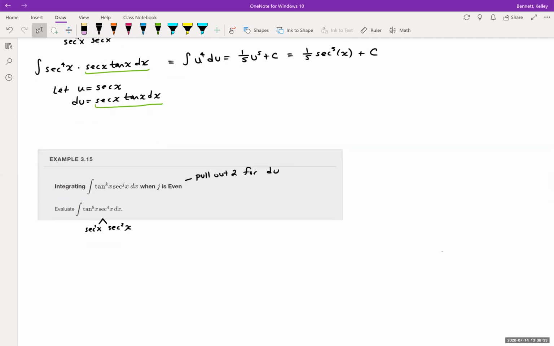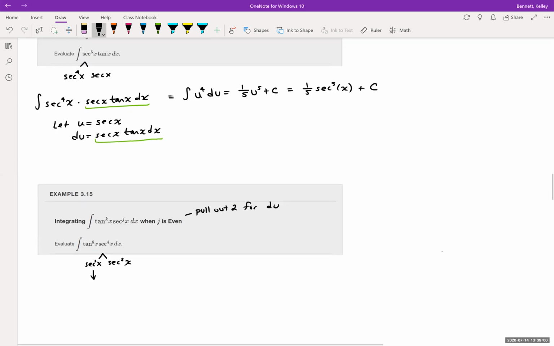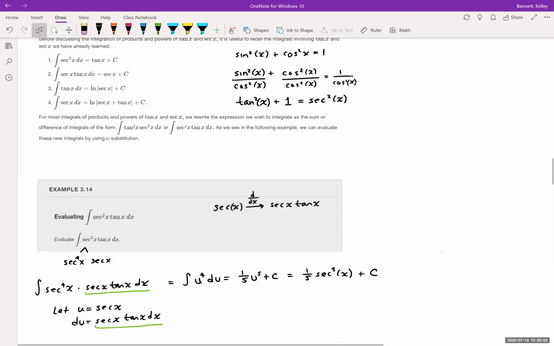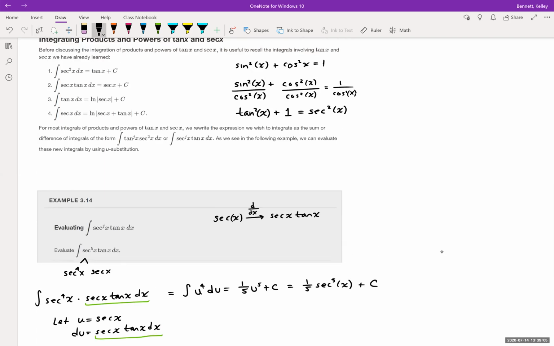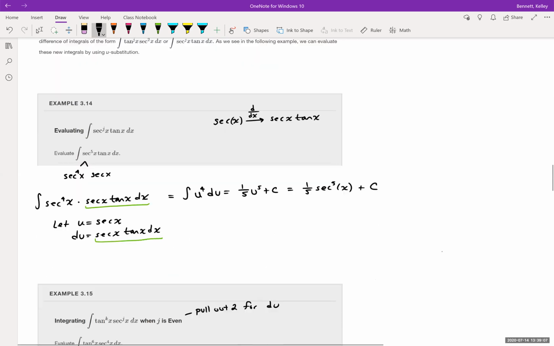So if you have an even power of secant and you pull out 2 secants, what you're left over, you still have an even power of secant. And we know that we can convert even powers of secant into terms of tangent. So secant squared, this guy on the right, we pulled him out for the du bit. What's left over, if we come back to our original guy, secant squared becomes tangent squared plus 1.